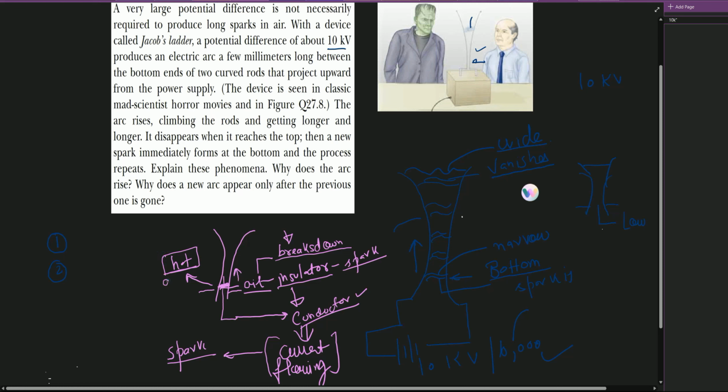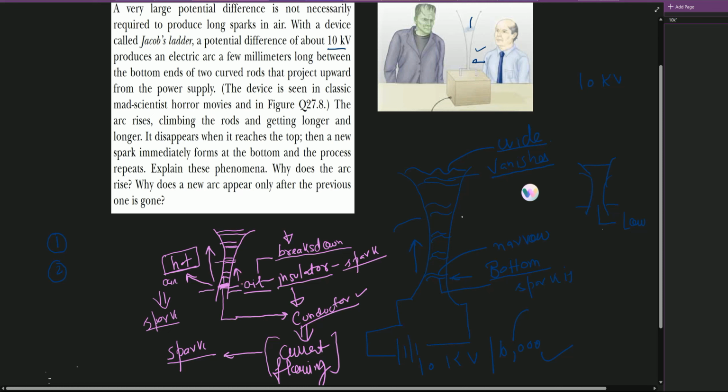The spark also travels upward, because spark is current, and current would always like to flow through the channel of minimum resistance. It finds that as the spark is climbing upwards, the resistance is getting lower, right? So instead of being here, the spark prefers to stay here because the resistance is very low here. So therefore you see a climbing-up spark between the two rods.